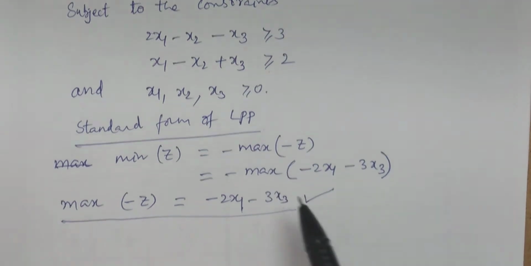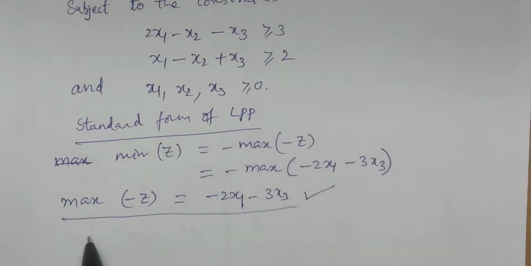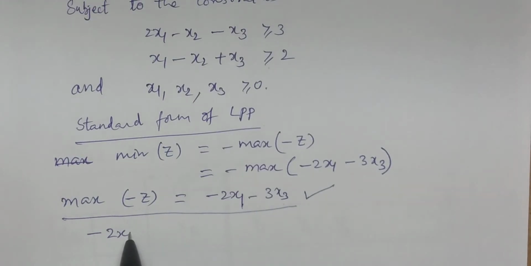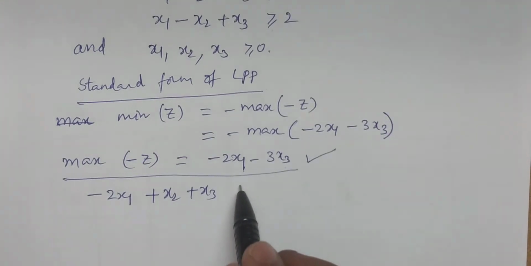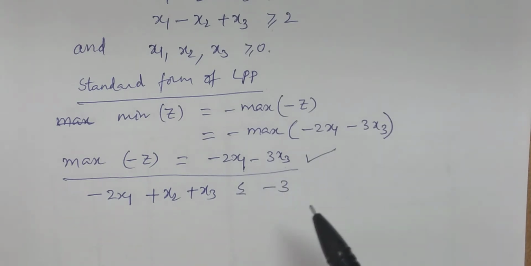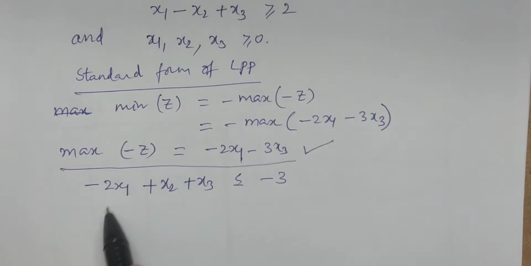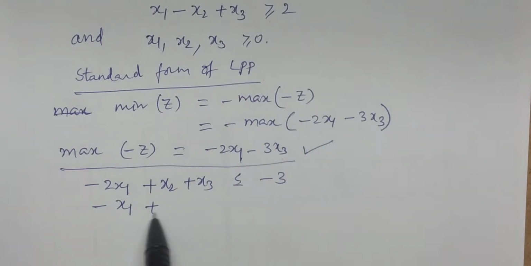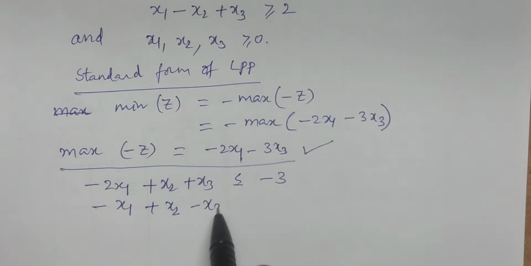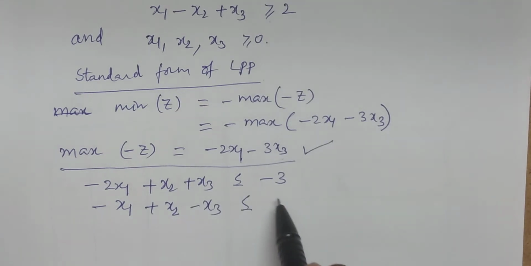If you multiply by minus, the first constraint becomes minus 2x1 plus x2 plus x3, which is less than or equal to minus 3. And the second constraint x1 minus x2 plus x3, again greater than or equal to, therefore multiply it, minus x1 plus x2 minus x3, which is less than or equal to minus 2.